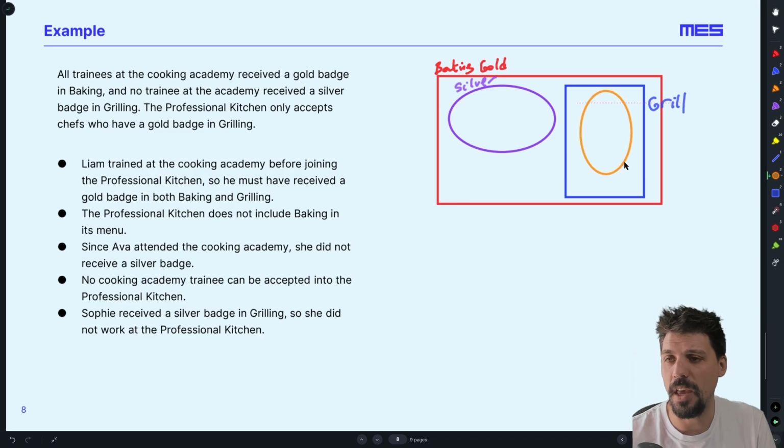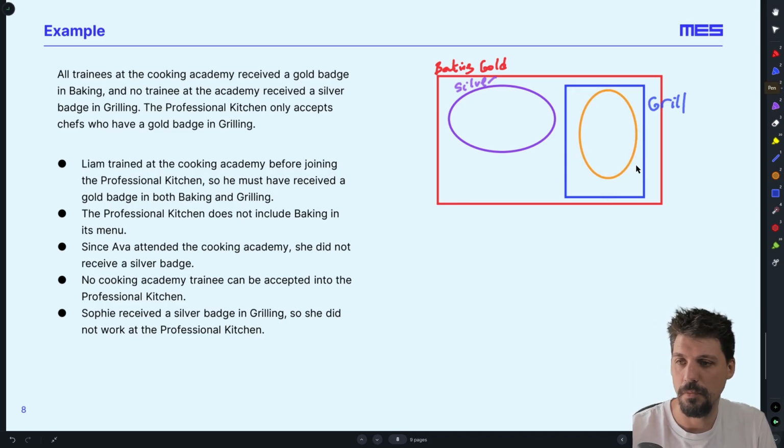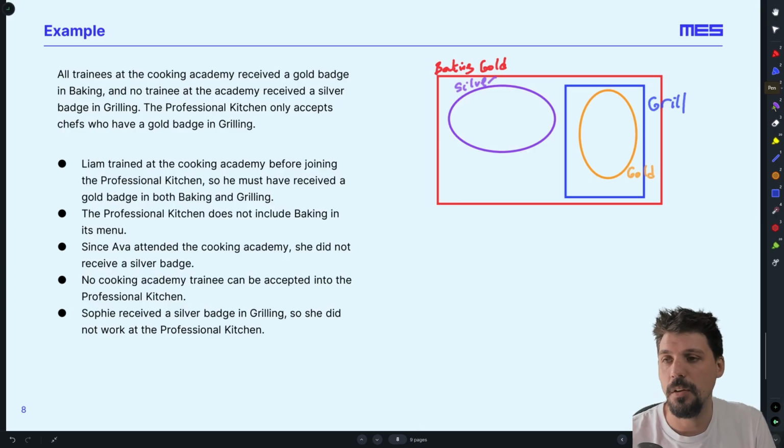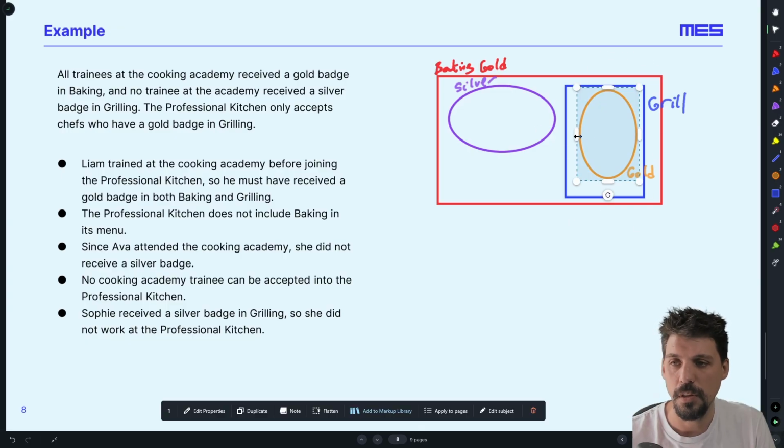there are some who get a gold in grilling. We do know that now. All right. And in fact, yeah, a gold in grilling. So some do. And we could even put it like this if we want, and say you could also get a gold badge in something else.